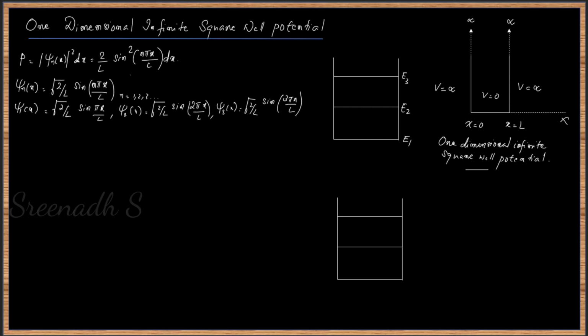Okay, so now we are going to analyze the value of psi 1 of x, that is equal to square root of 2 by L sin(πx/L), for x equal to 0 to x equal to L. For example, at x equal to 0, what will be the value of psi 1 of x? Yes, sin 0, that is equal to 0.